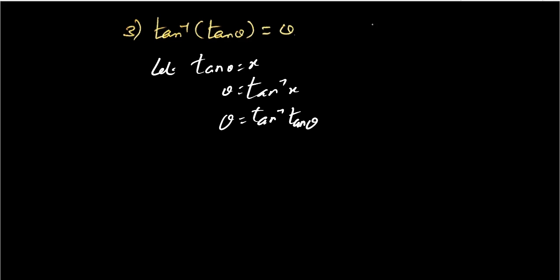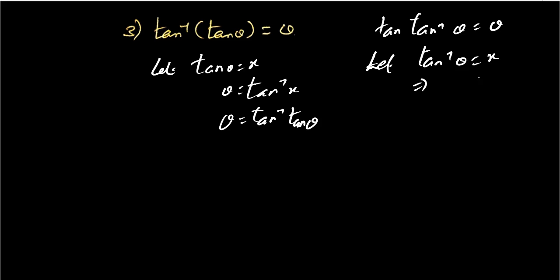In the same way, this is also possible, that is tan of tan inverse of theta equal to theta. So here let me take tan inverse of theta equal to x, which implies that theta equal to tan x. This tan, if you bring here, this inverse becomes tan theta.